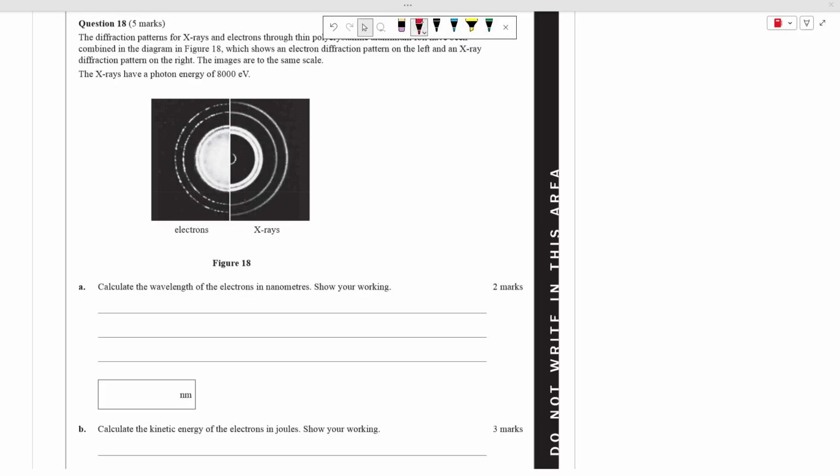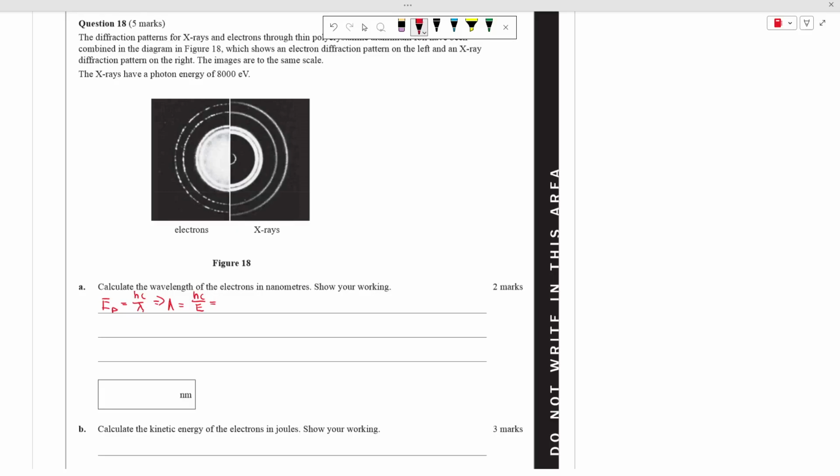So the wavelength of the photons, if they have that particular energy, we have the following formula: E equals hc on lambda, so the energy of a photon. So the wavelength is hc on energy.